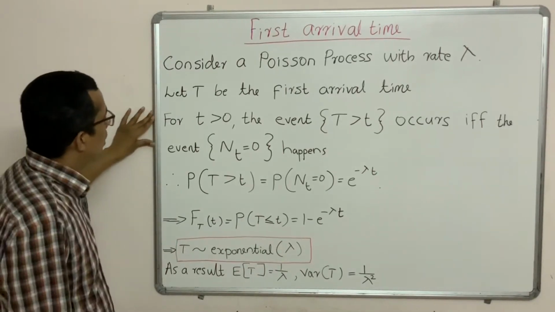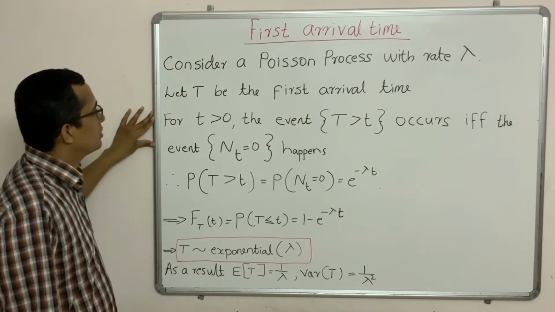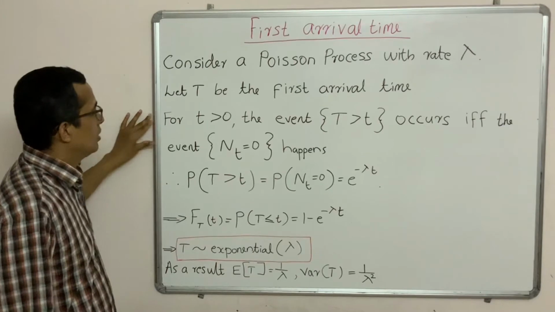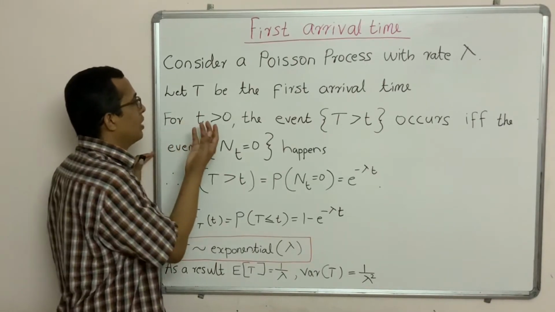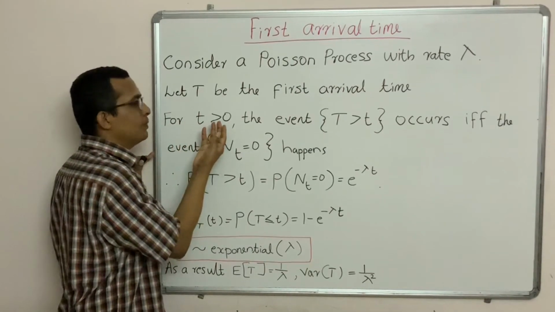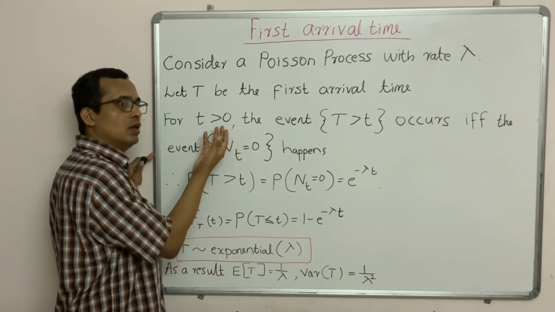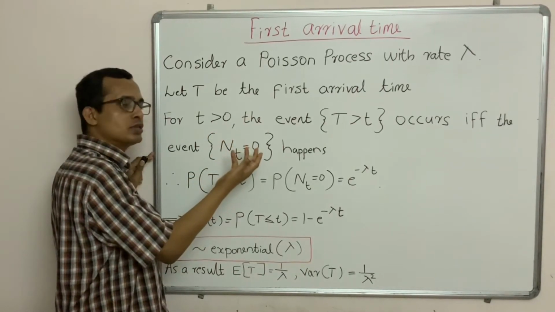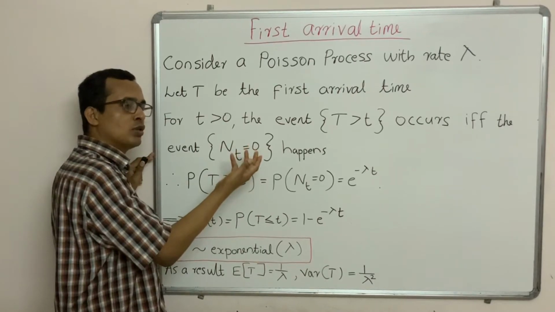The important thing to note is that for any small t positive, the event that the first arrival happens after small t is equivalent to saying that there are no arrivals in the interval 0 to t.